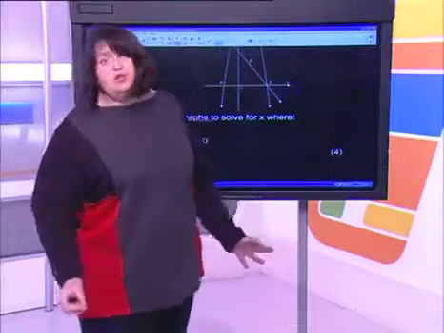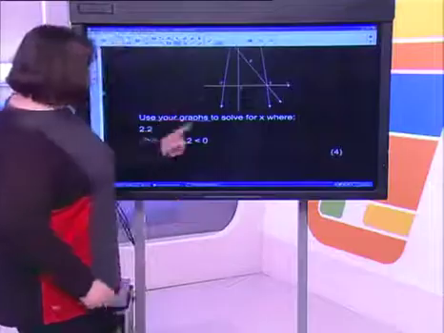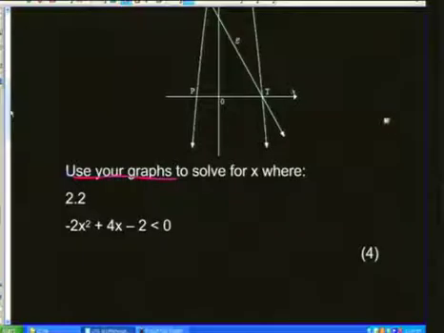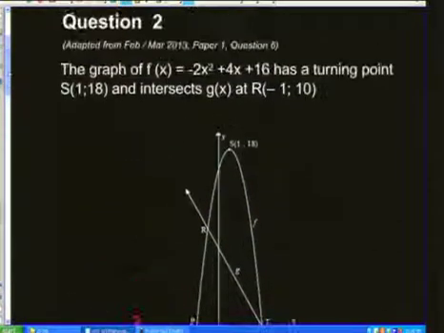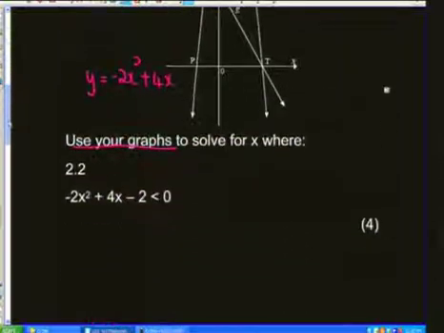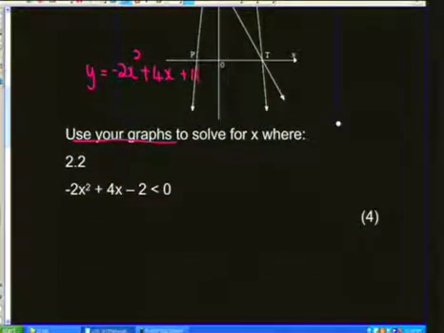Okay, so if it says use your graph, please do that. To solve for x where that happens. But if you look at that, that's not the graph you drew. The graph you drew was y equals minus 2x squared, or rather they drew, plus 4x, and I think it was 16, but let's just go and check. Yes, plus 16.